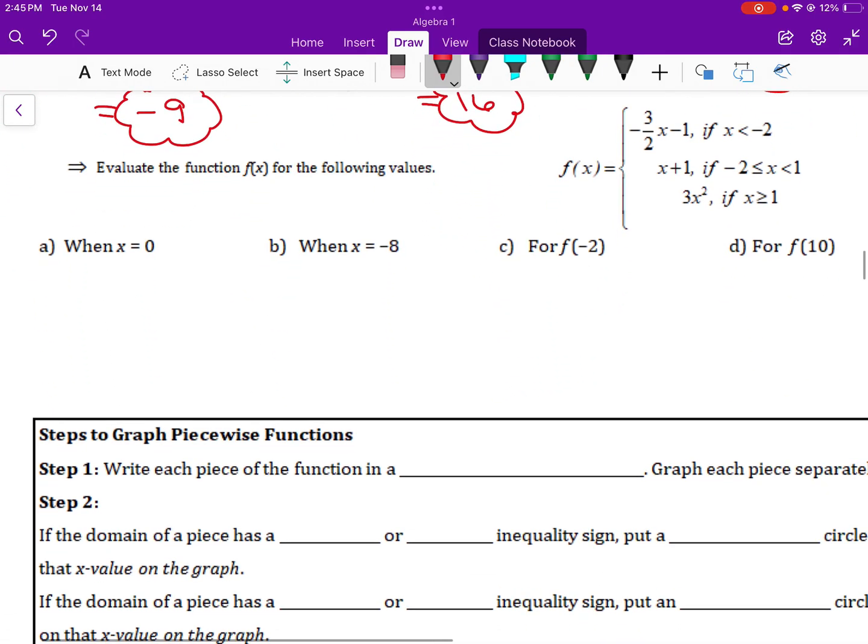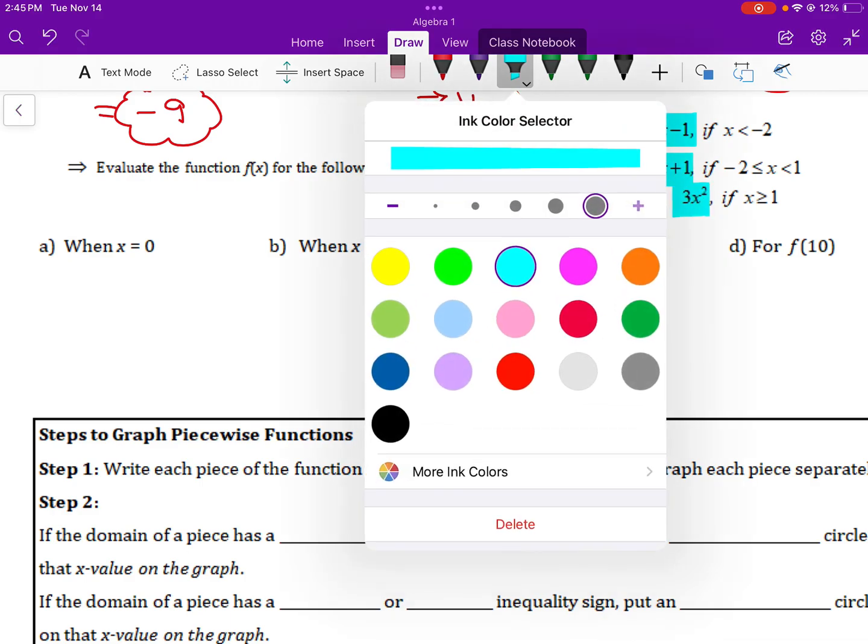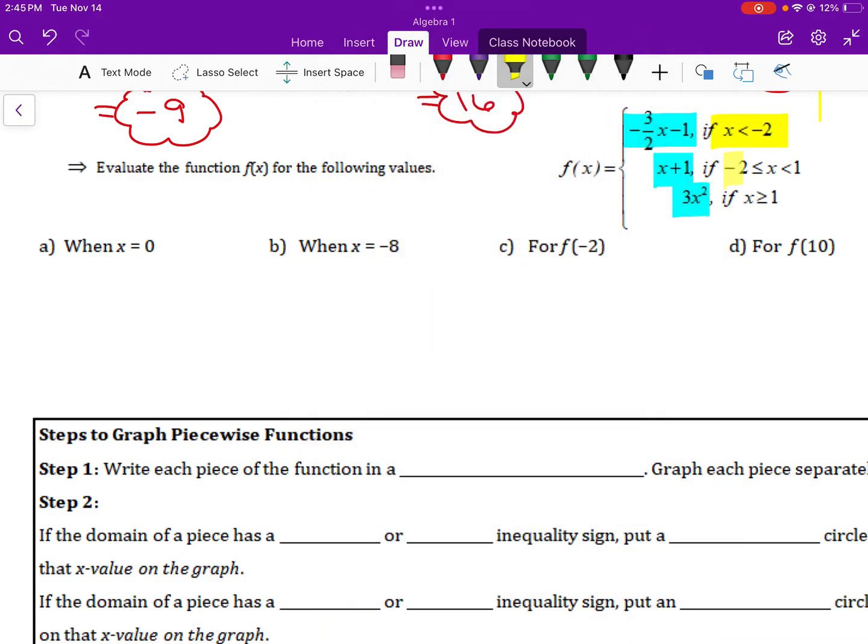Again, we have our function rules versus what we'll call restrictions. Let's call these groups 1, 2, and 3. When x is equal to 0, that falls into category 2 because it's between -2 and 1. So I'm going to use the rule x plus 1.